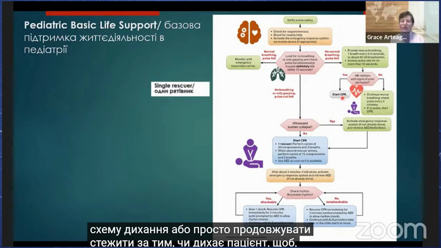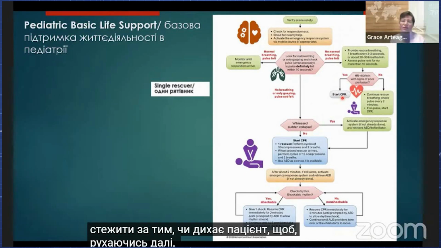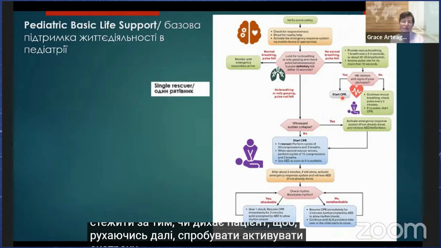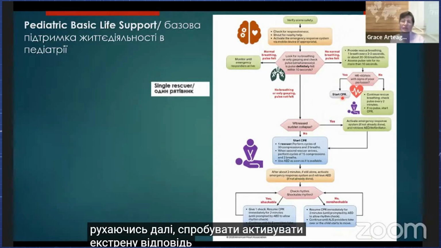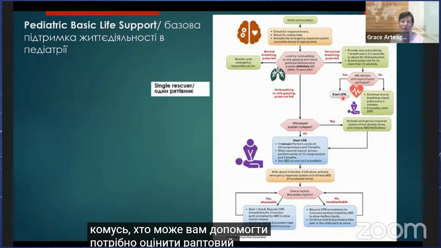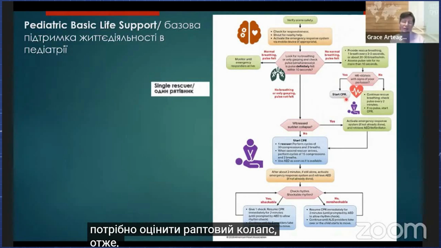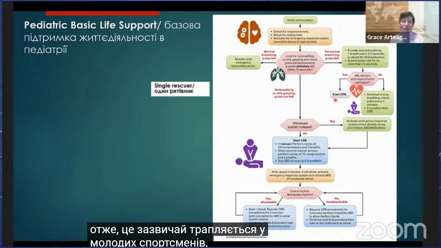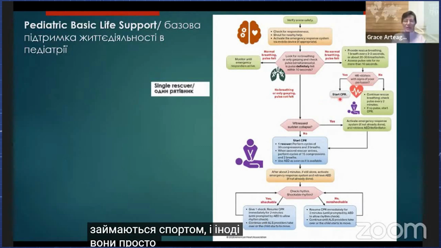If the patient's heart rate is greater than 60, then you can continue supporting the breathing pattern, or just continue monitoring if they're breathing. As you move on, you try to activate an emergency response for someone that can help you. You need to assess for a sudden collapse. We have that commonly occurring in our young athletes where they're practicing their sports and sometimes they just collapse.